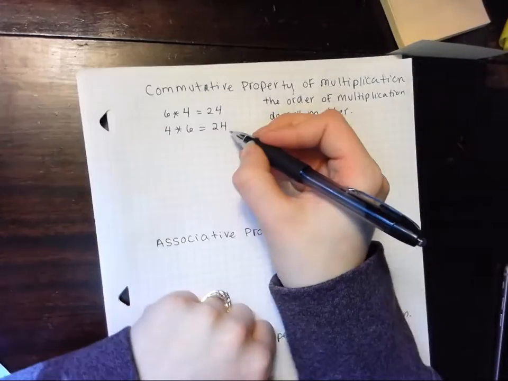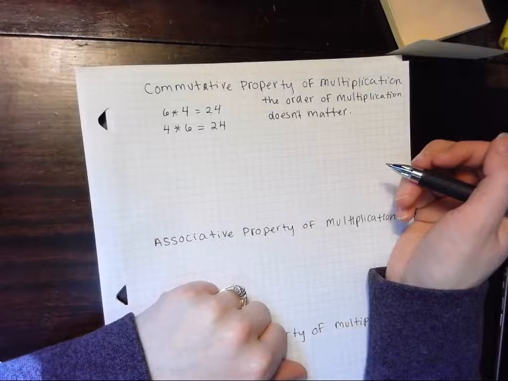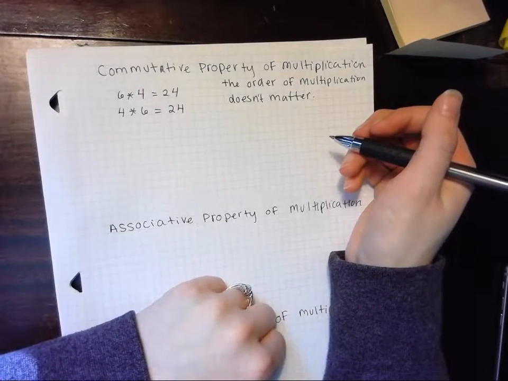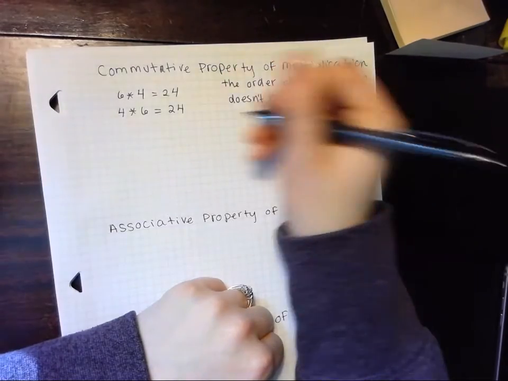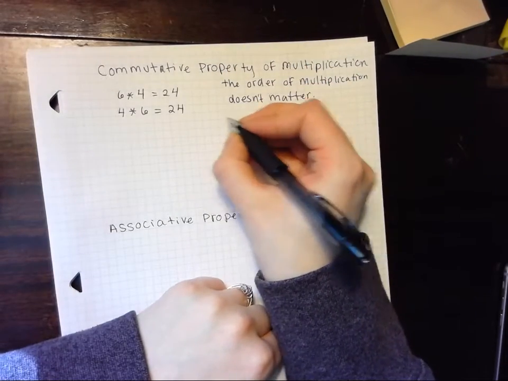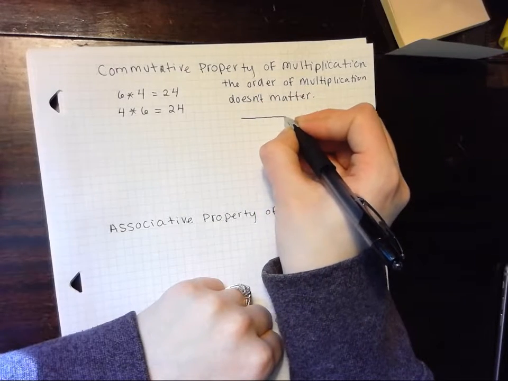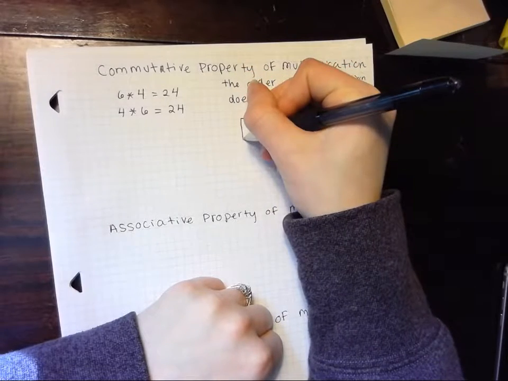Now, to show you why this works, why can you multiply things in any order and have it be the same? So the first one, let's do 6 groups of 4. 1, 2, 3, 4, 5, 6 groups of 4.